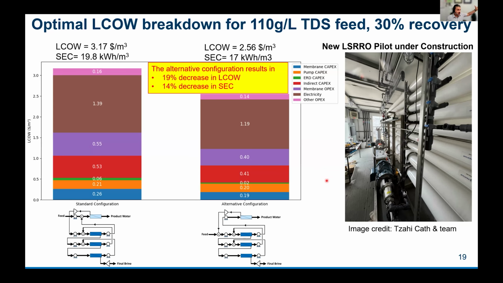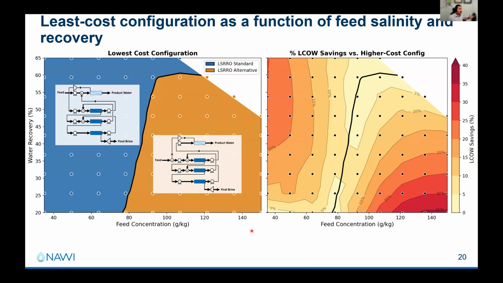Maybe there are conditions where the standard configuration will be superior. How can we evaluate that? Well, we can evaluate that in WaterTAP as well. We could use sensitivity analyses that I pointed to earlier and do a sensitivity on feed concentration as a function of water recovery. And what you can see here on the left in the blue region, this is where the standard configuration is the lowest cost solution.